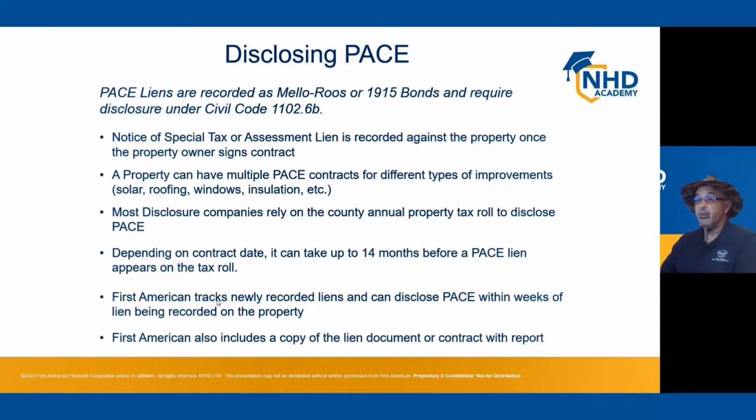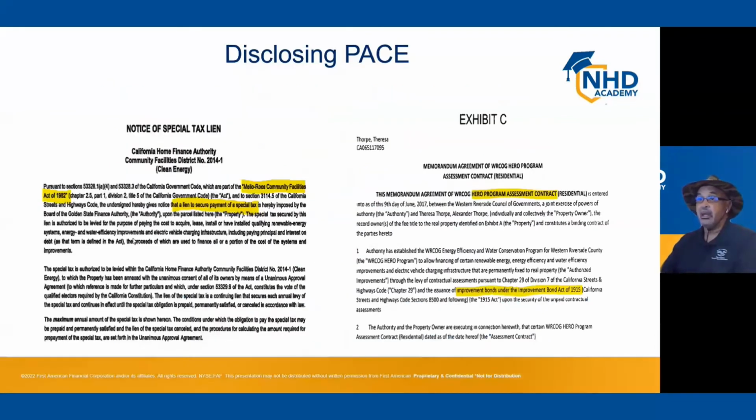At First American, we track newly recorded liens and can disclose PACE within weeks of the lien being recorded against the property. We also include a copy of the lien document or contract with our tax disclosure reports. And this is an example of pages from a PACE lien document.